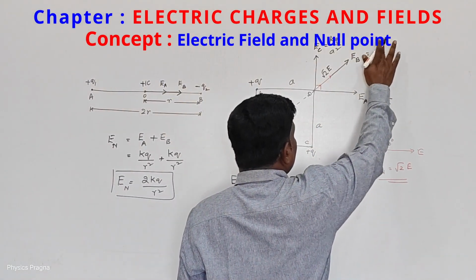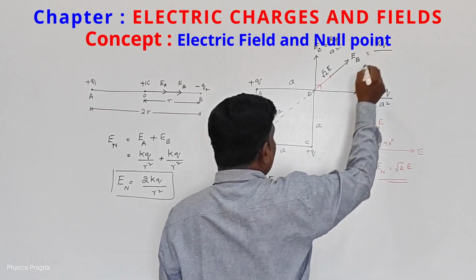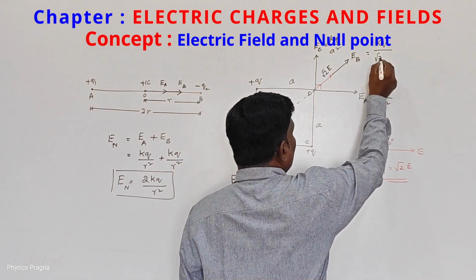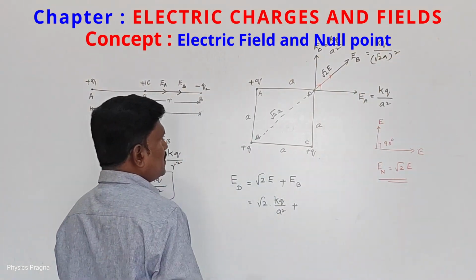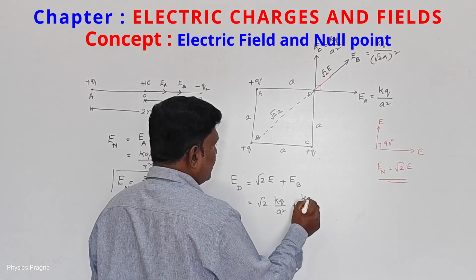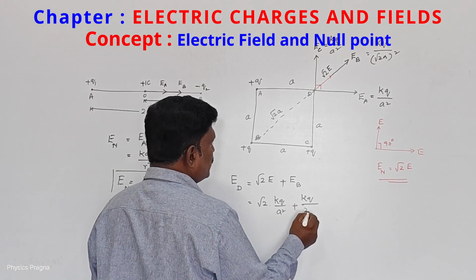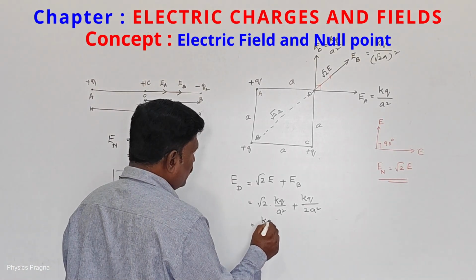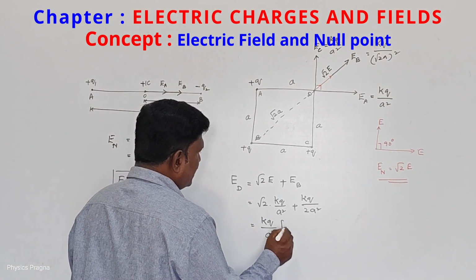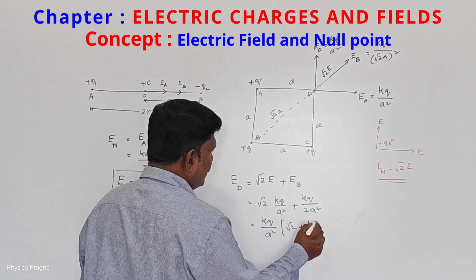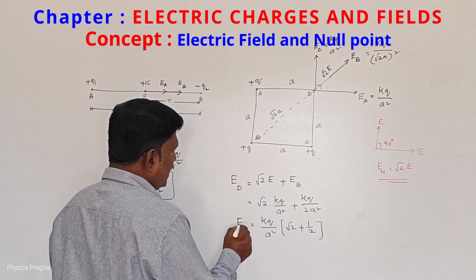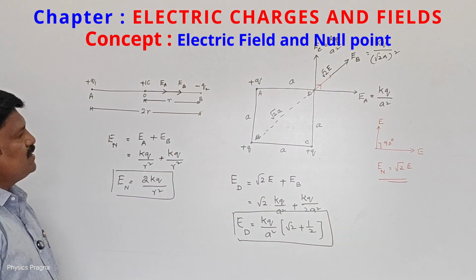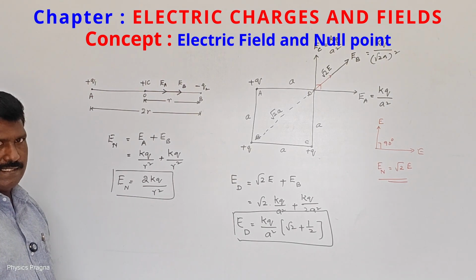K Q by the distance root 2A, root 2A whole square. So K Q by root 2A whole square, root 2 square is 2A square. So I will take K Q by A square common, then root 2 plus 1 by 2 will come. This is the net electric field at D. Like this we can calculate in various cases.